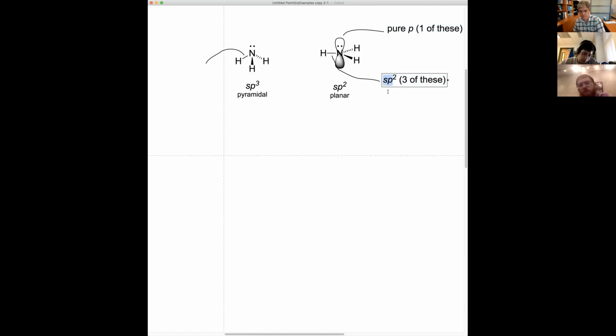Okay. All right. So, in fact, these 2 molecules have different basicities. Which one of these geometries is more basic?